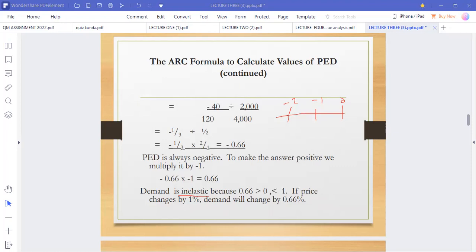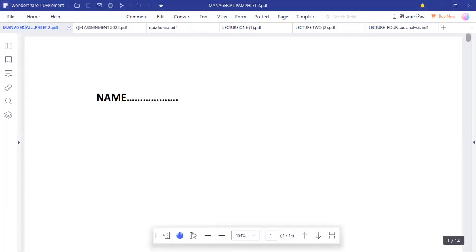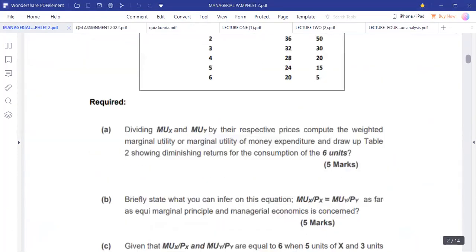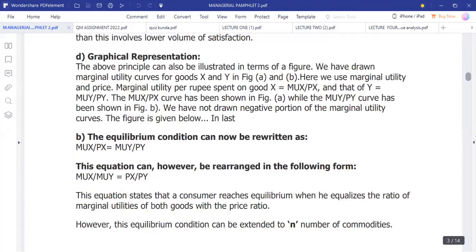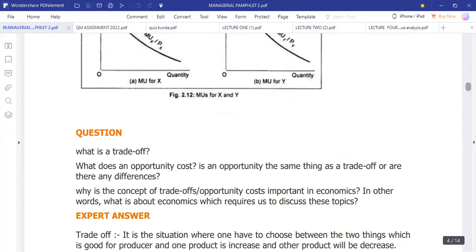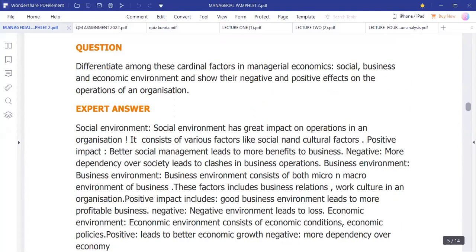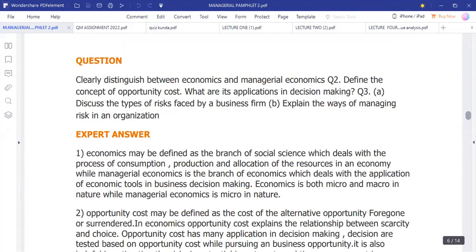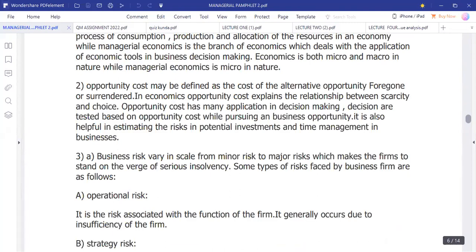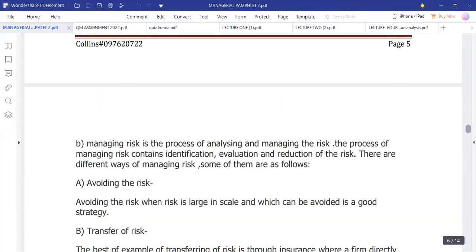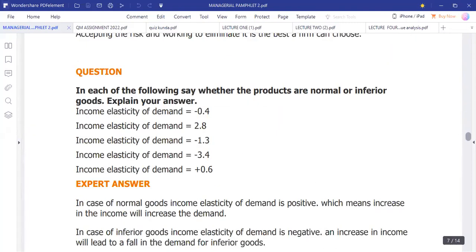Price of the good. Advertising. Availability of substitutes, yes. The importance of the commodity in the consumer budget. Exactly. Right.